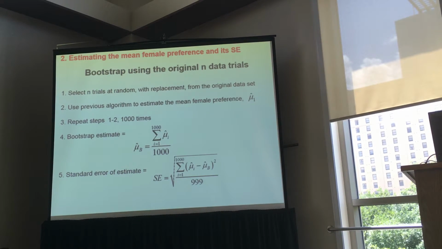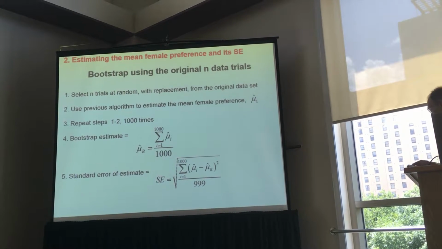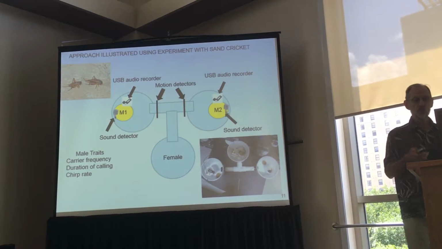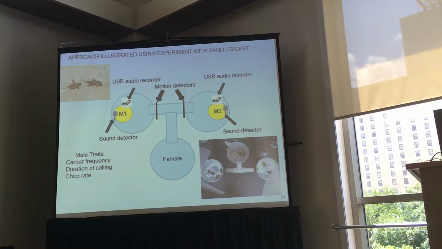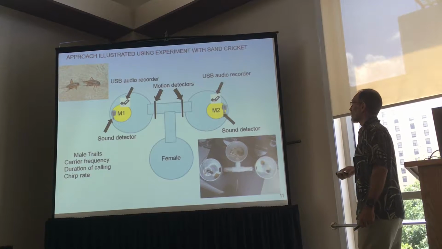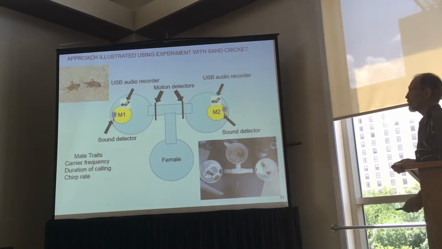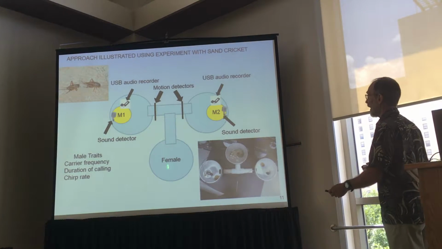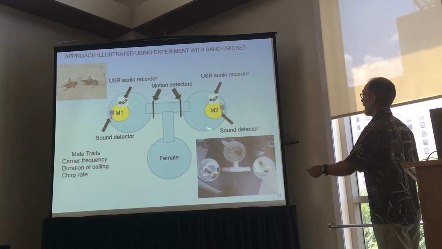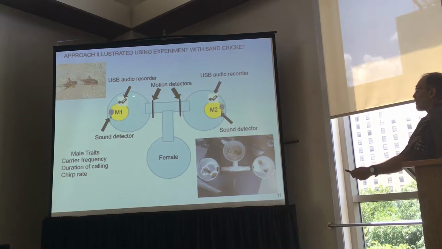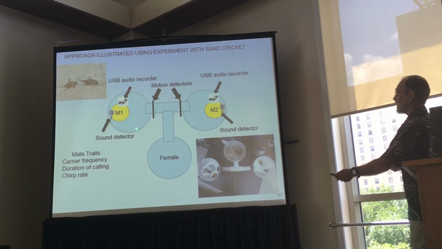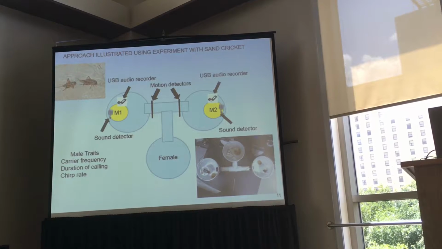We've demonstrated that this works using simulation modeling, and I won't go into that. What I want to do is to show you three examples of how this process actually works. These examples are taken from this choice experiment using crickets, and what we have is a female, a male in a container here, and a male in a container here. The female cannot interact with the male because they're in these separate containers, but they can nevertheless hear the male.